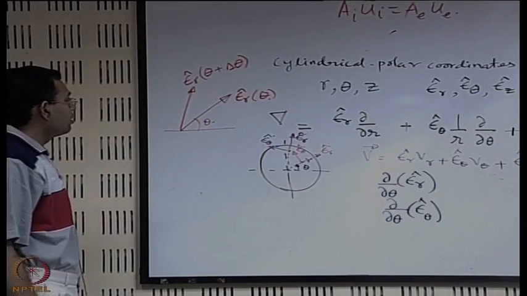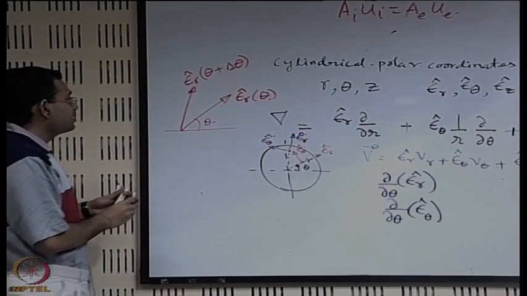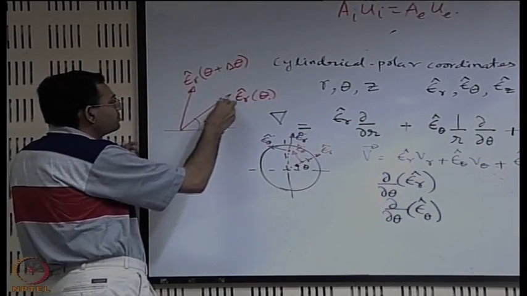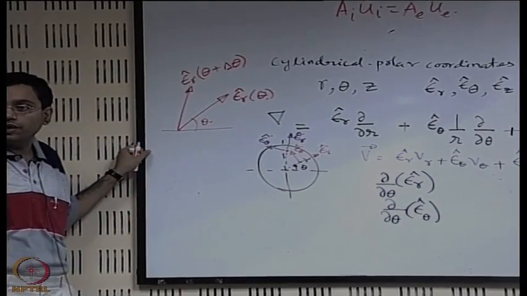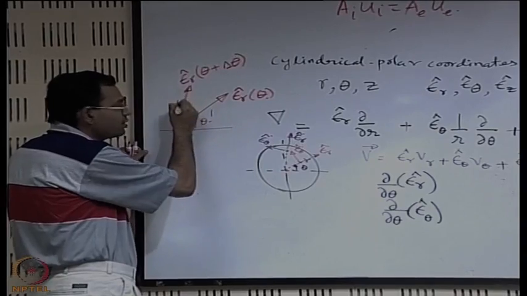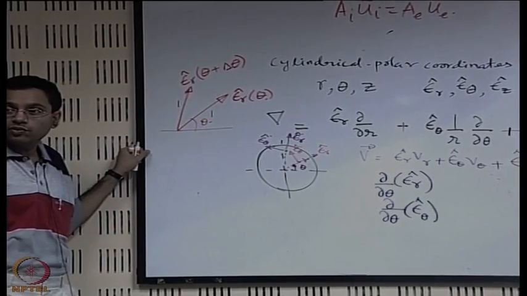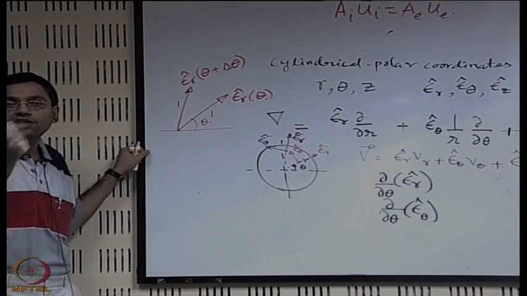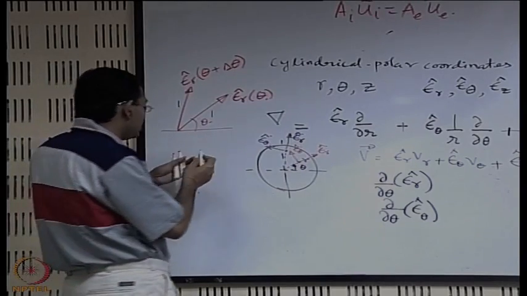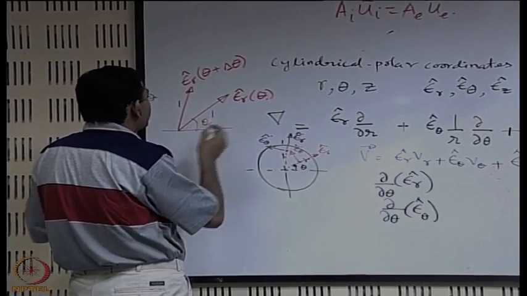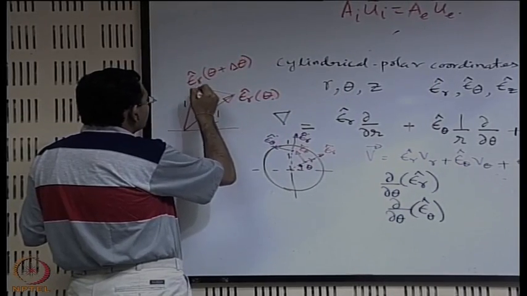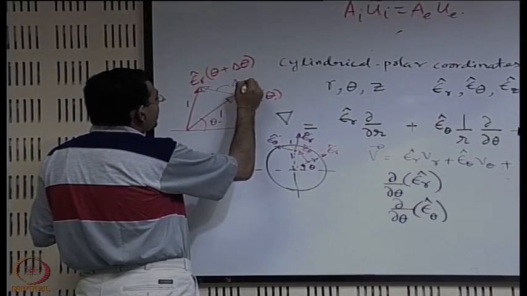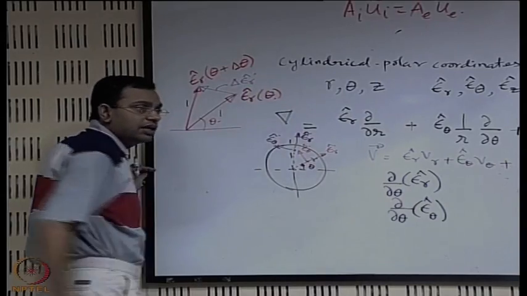You can see that in scalar form the magnitudes of these are the same, both are unit vectors. The length of this is 1, the length of this is 1. What has changed is the directionality. So what is delta epsilon r, the change in epsilon r?